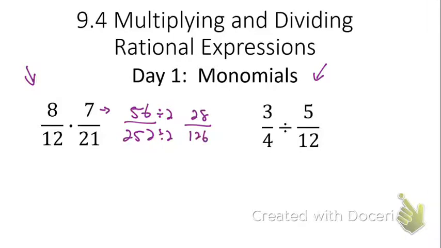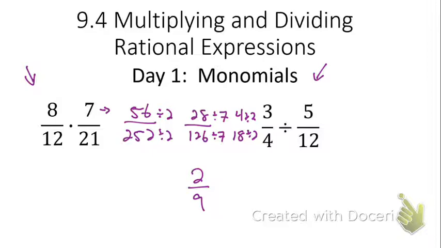And because I'm kind of a math nerd, I know that those are both divisible by 7. So 28 divided by 7 is 4. 126 divided by 7 is going to be 18. And now they're also both divisible by 2. So divide by 2, and I arrive at my final solution, my simplified fraction, 2/9.